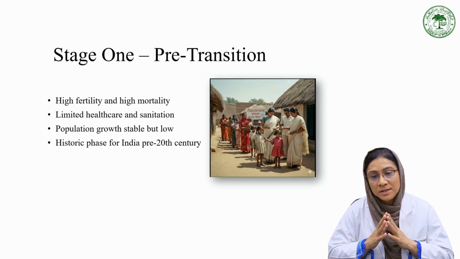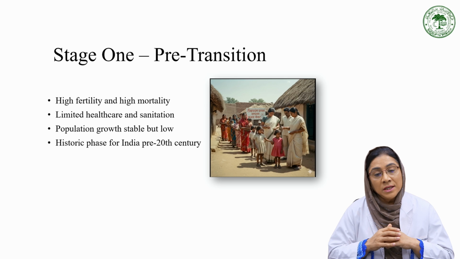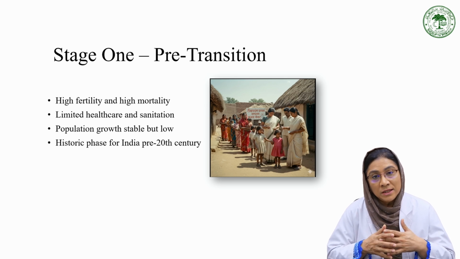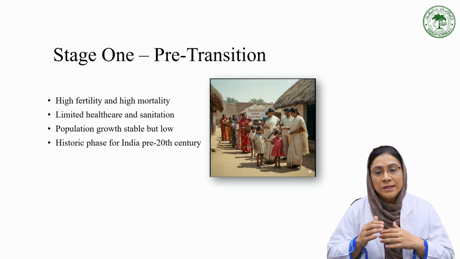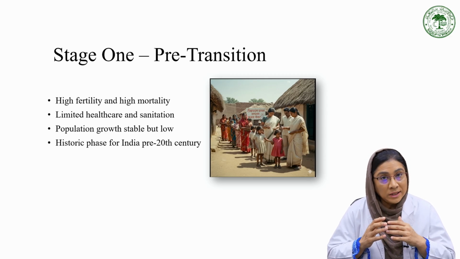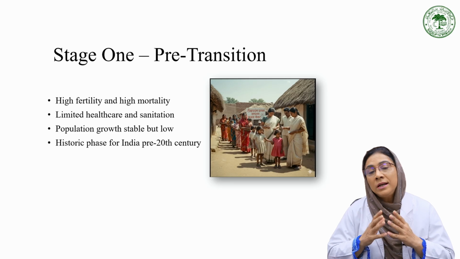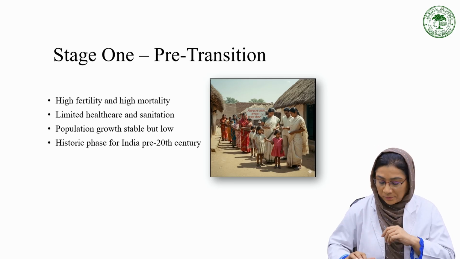It also sets up the logic for stage 2. Once death rates decline rapidly with basic health advances, continued high fertility produces a surge in population growth until social and economic changes later alter reproductive behavior.